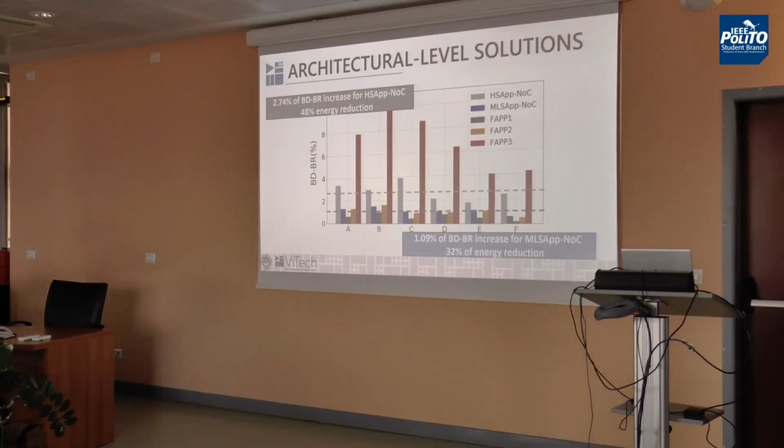And with those managers, we were able to reach 2.8% bit rate increase. It means that we are increasing the size of the bit stream by 2.8% for the same quality, and reducing energy by 48%. I think it's good. And the other one is just a different operation point. It's not really better.